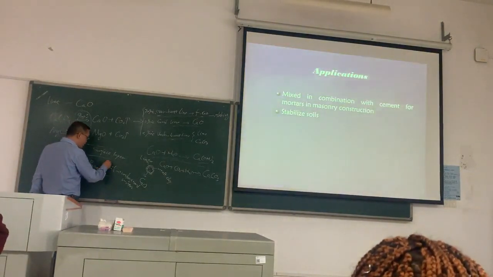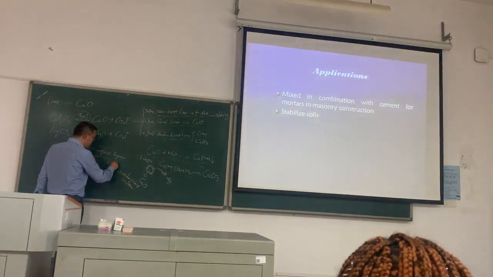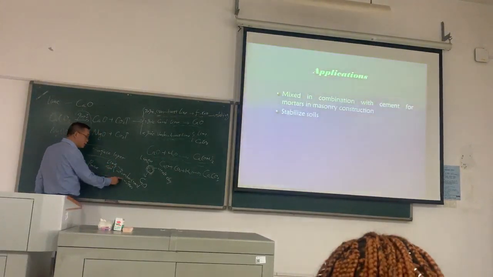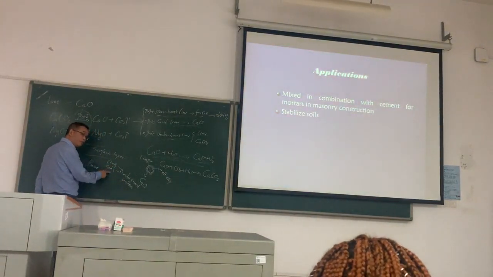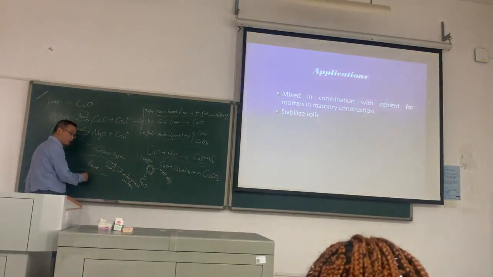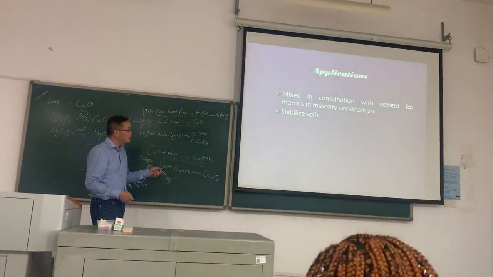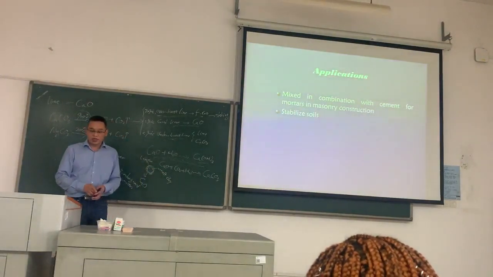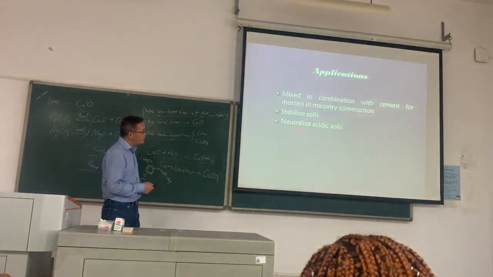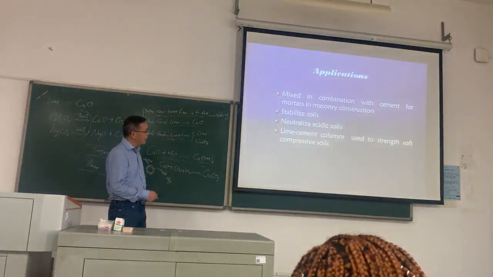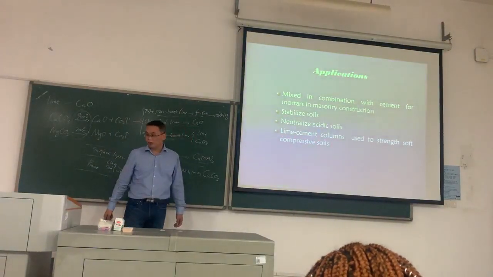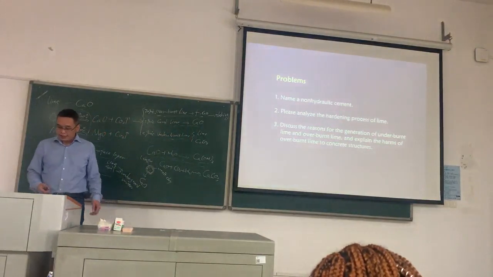And this lime will absorb the underground water in the soil to get the higher stability of the base. So it can be used for the stabilization of the soils. It is also used for lime-soil compaction piles and cement columns to treat soft compressive soils. So this is about the application.